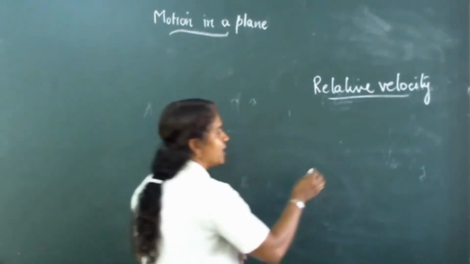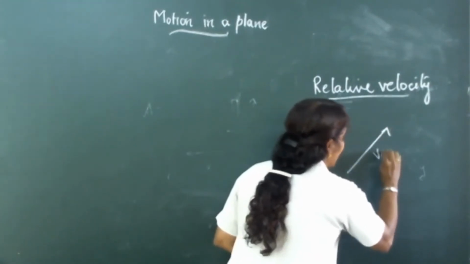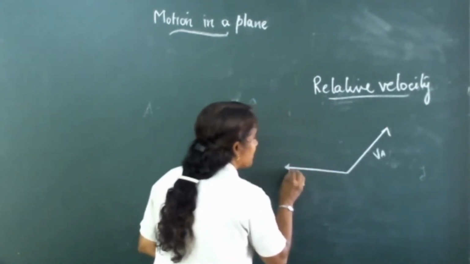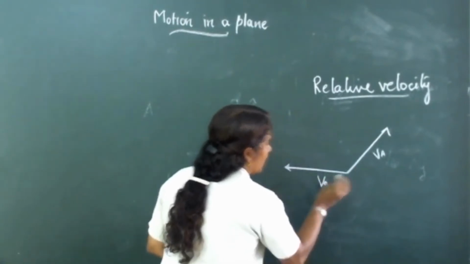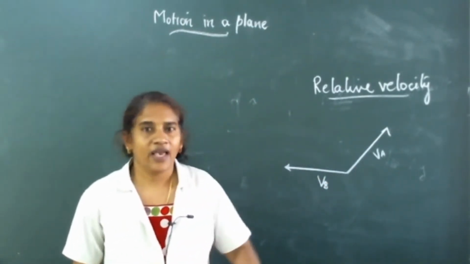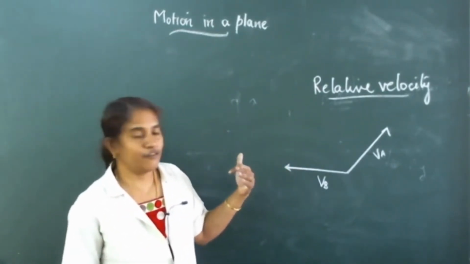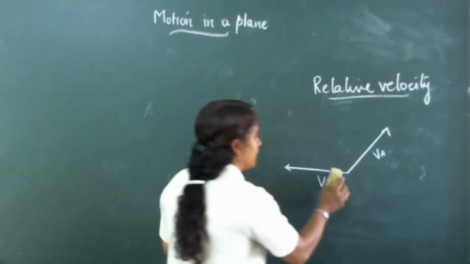Now, if we consider the movement of bodies in a plane, let A be moving in one direction and B moving in another direction. The velocities VA and VB are in different directions.